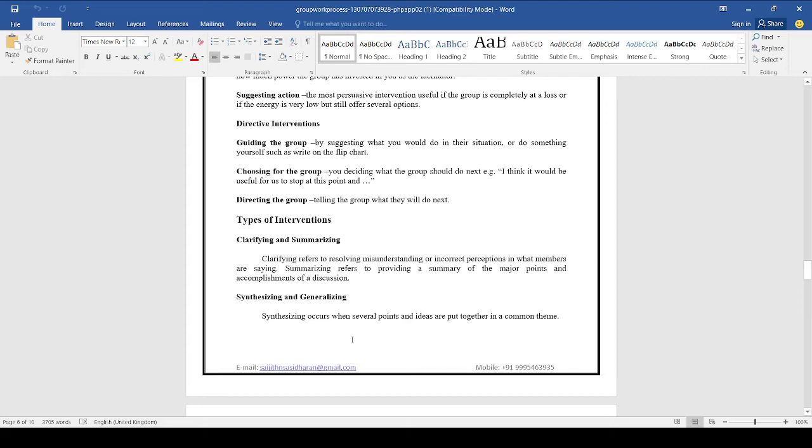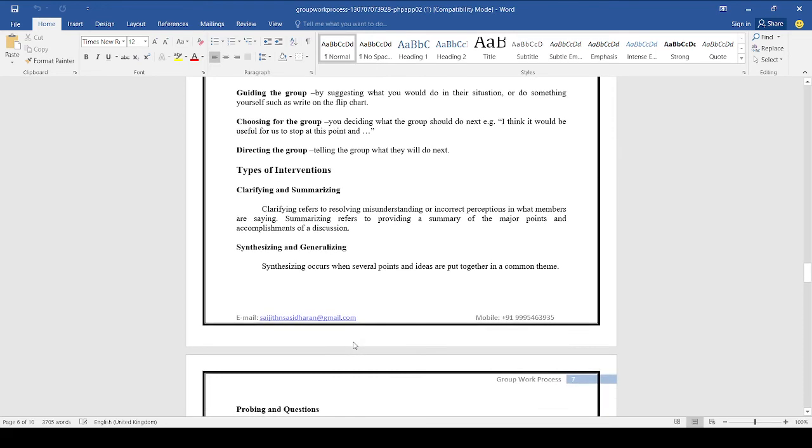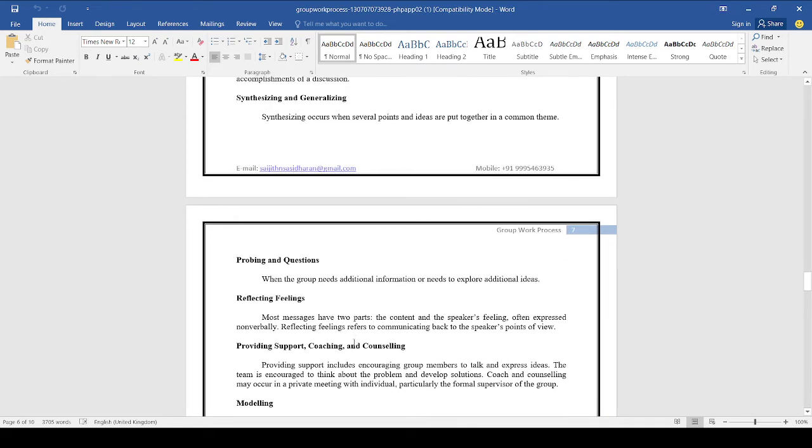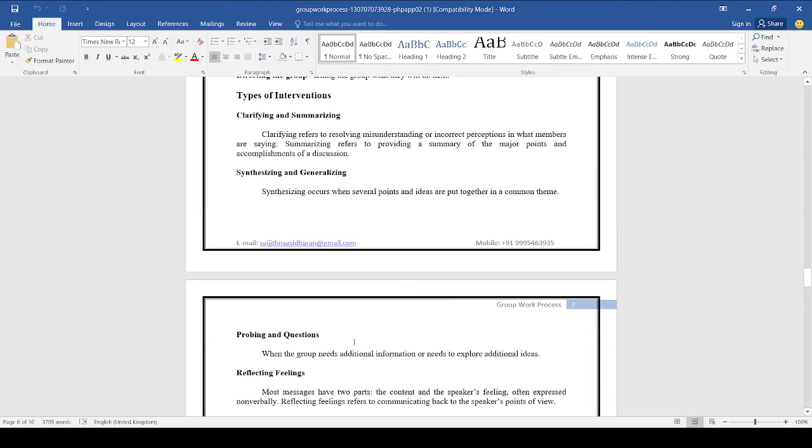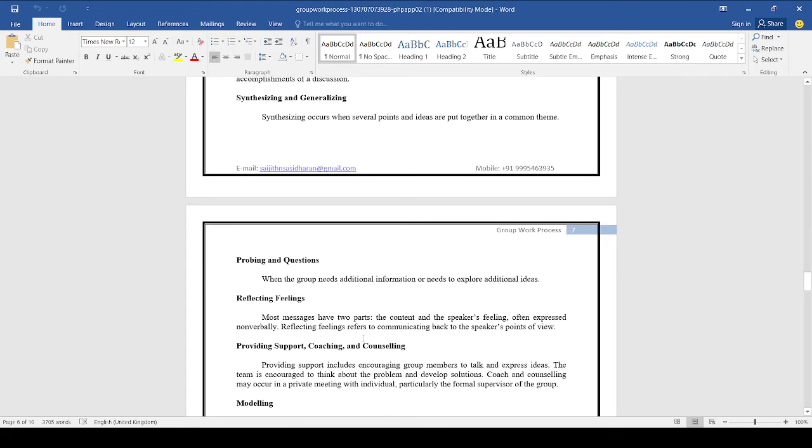There are so many ideas from the group members. We can put together these ideas in a common theme. Another type of intervention is probing and questions, especially for additional information. When the group needs additional information, additional ideas can be generated through some questions.